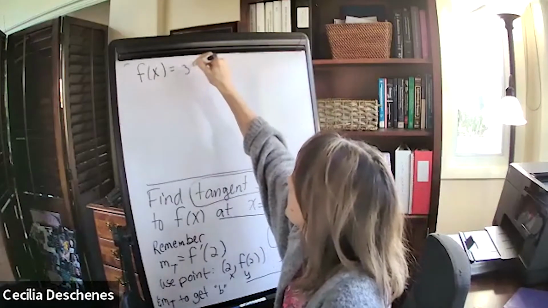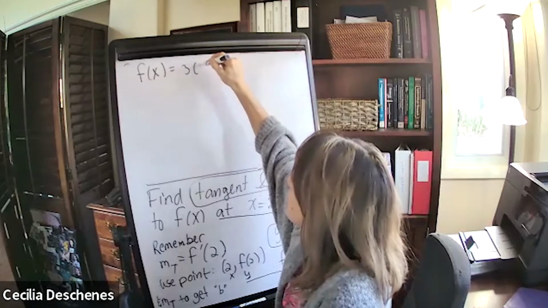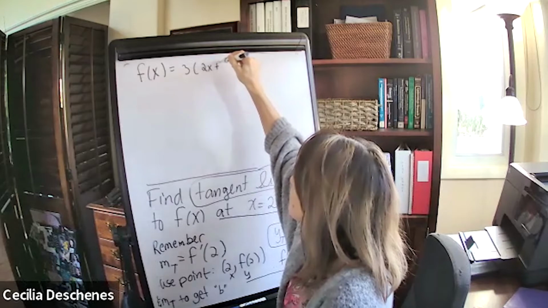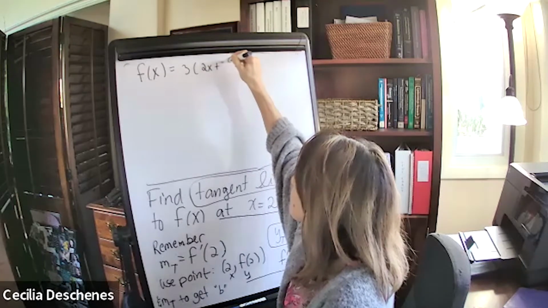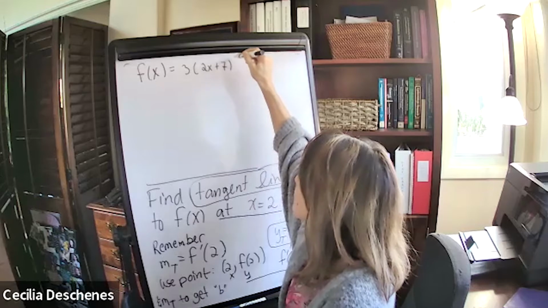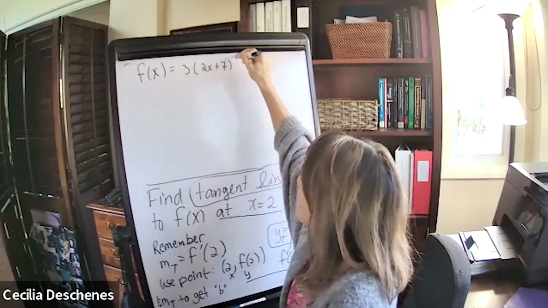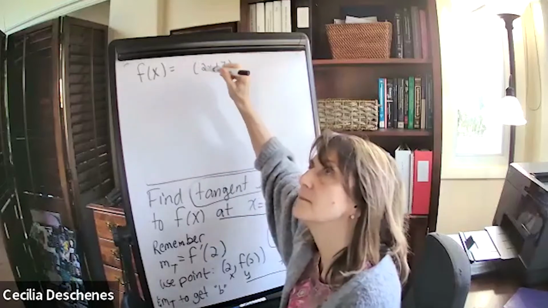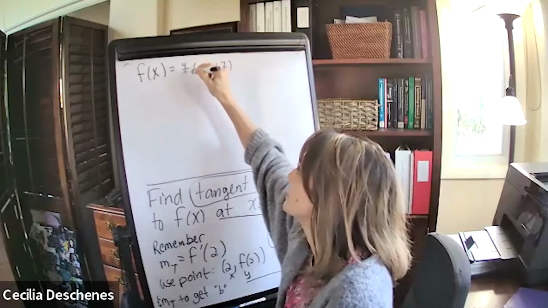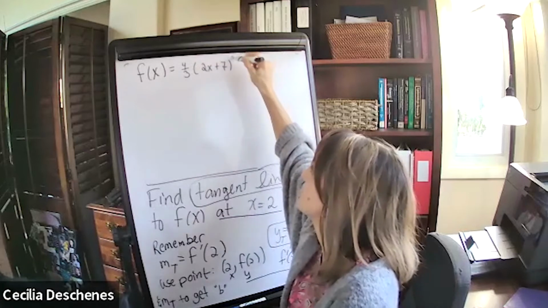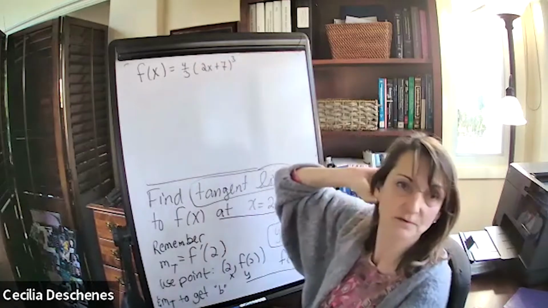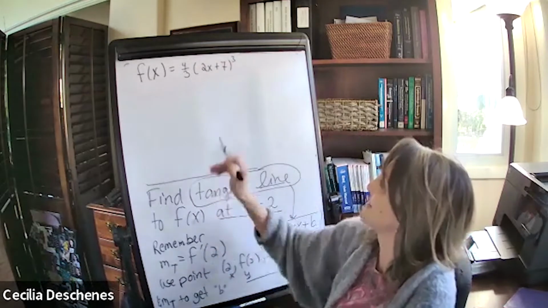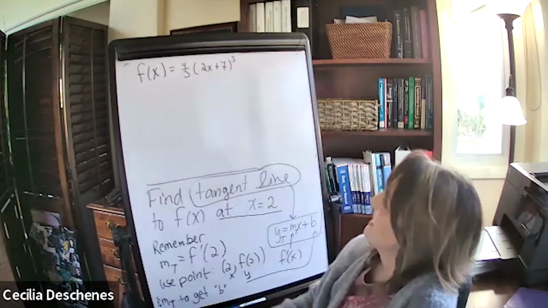How about 4/3 times 2x plus 7, cubed. All right, let's say that's our function. I hope I'm not getting myself into a big mess here, but okay.